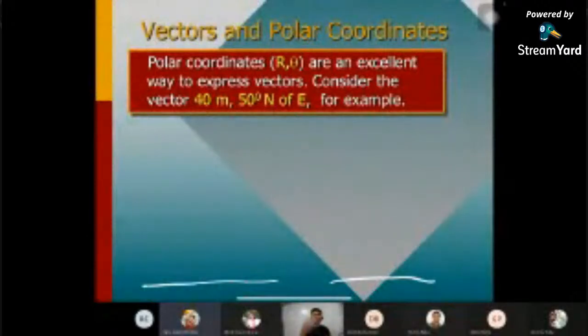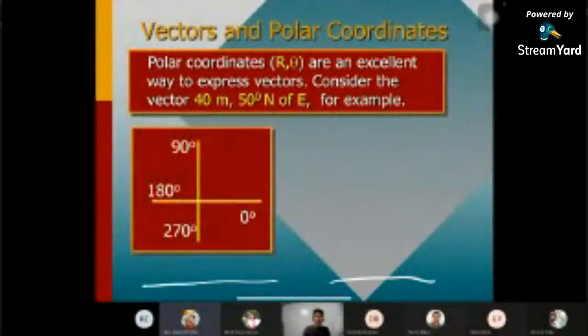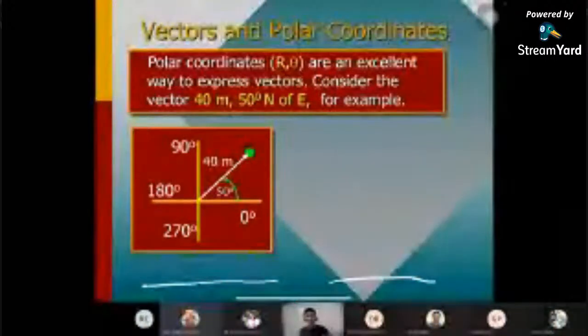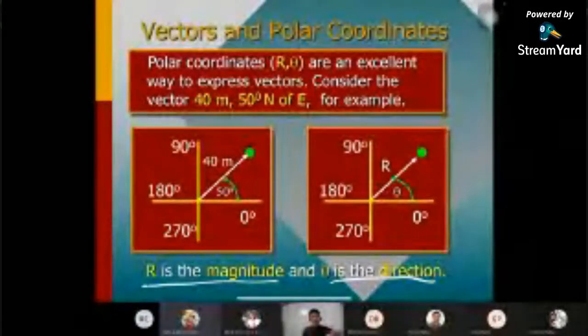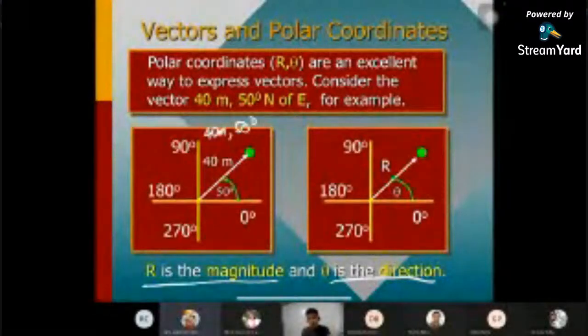No? So for example, we have here a vector with magnitude 40 meters, comma, angle 50 degrees. So that is the polar coordinate, just r and theta.